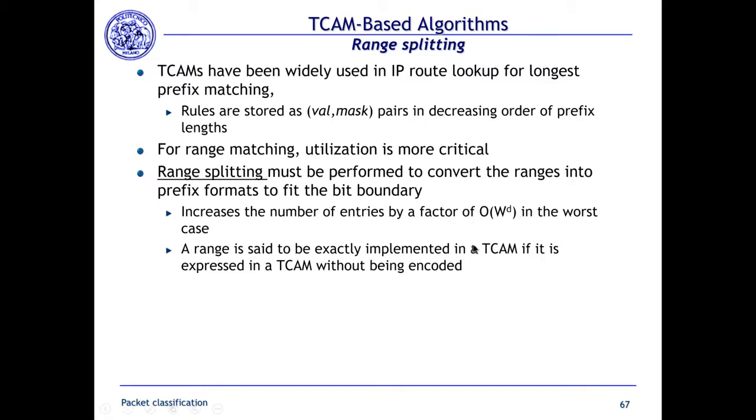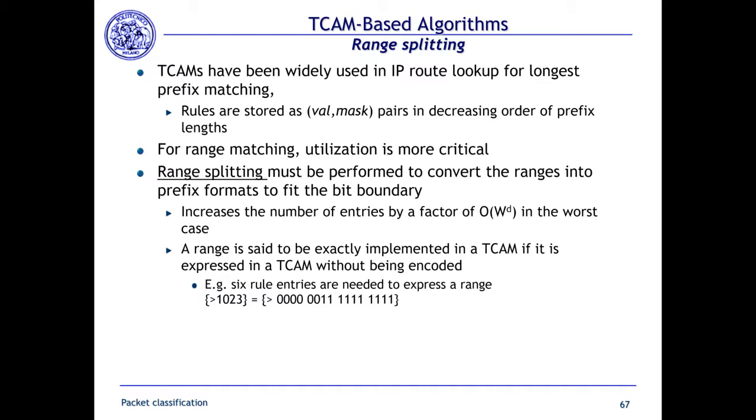So if we have a range that can be exactly implemented in the TCAM, then it's good. We can use directly the value and the bit mask in order to define the mask operation. But if we have a range, this is not very nice.